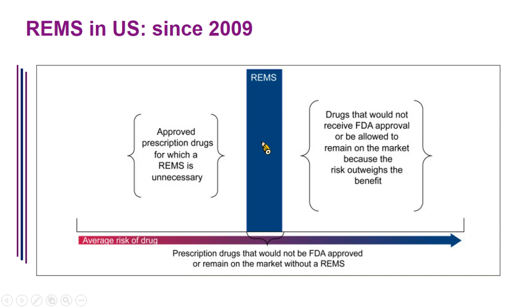It serves those medications that would not be FDA approved or remain on the market without a REMS. So REMS is the last key, used as the last strength to achieve that balance, and to hope that the benefit still outweighs the risk.